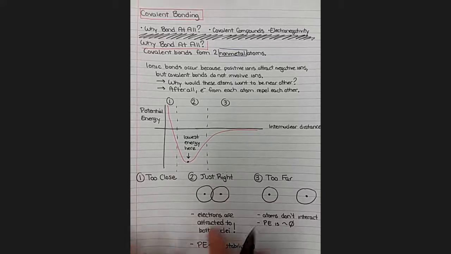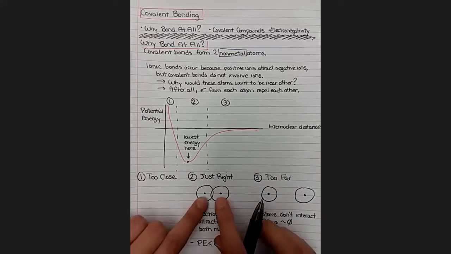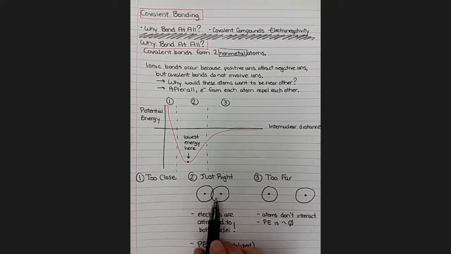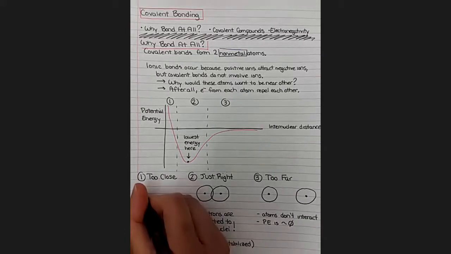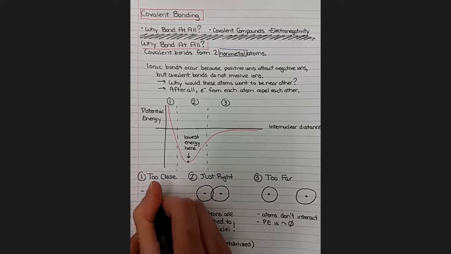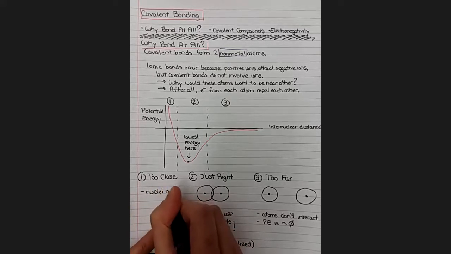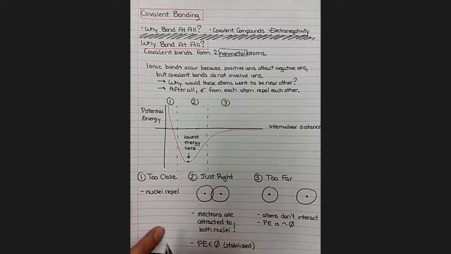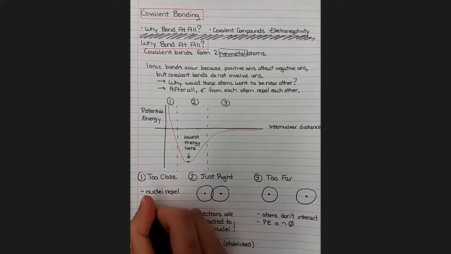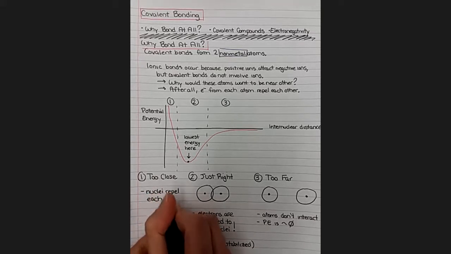And when this happens, those nuclei are so close together that the positively charged nuclei start to repel each other. Remember that those nuclei are very tiny, very dense, very highly positively charged areas, and they can feel each other's charge too. And if you move the atoms close enough together, the nuclei will repel each other.